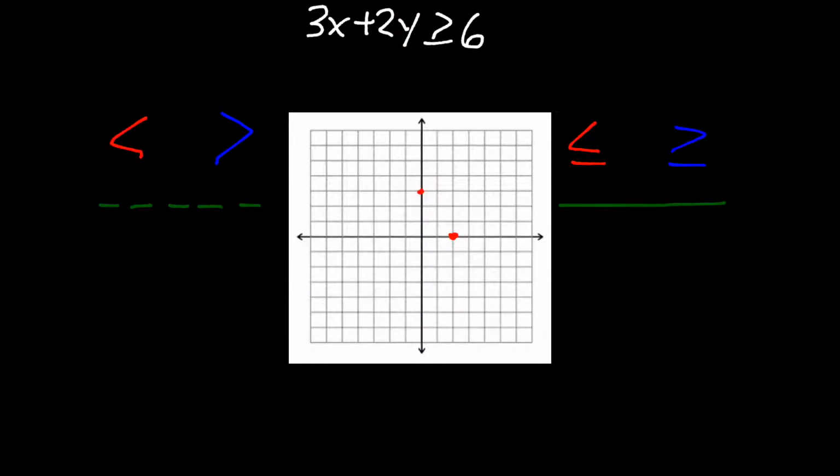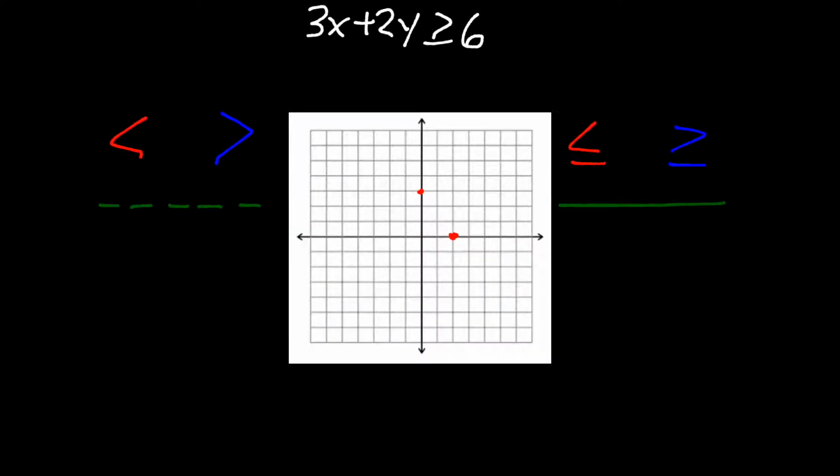And now I have my 2 points, which is really all I need in order to create a line. I just need 2 points, and then I can use my ruler. Since I don't have a ruler, I can actually get a couple more points by seeing, hey, from this point, I have to go down 3 and over 2 to get to my next point.